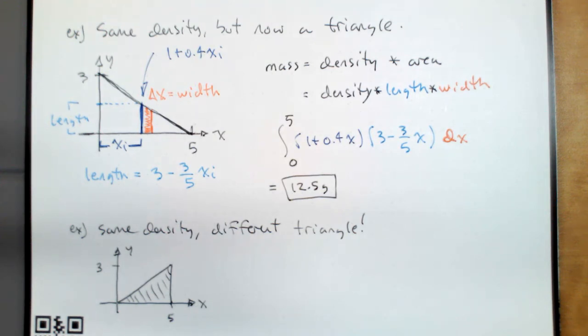How can we get there? The easiest way possible, thinking about how this density is going to operate. What would have to change to calculate the mass?